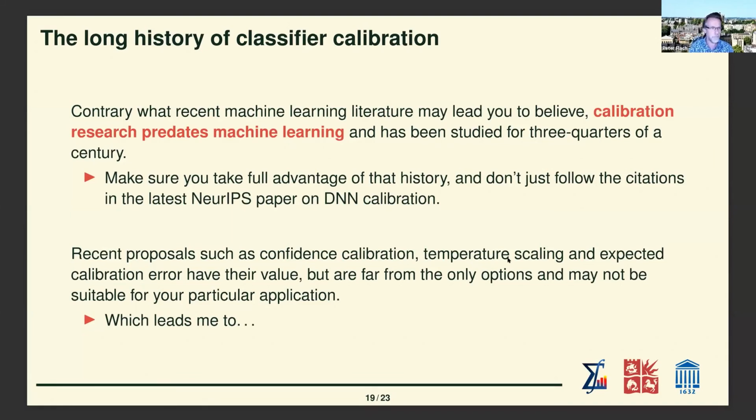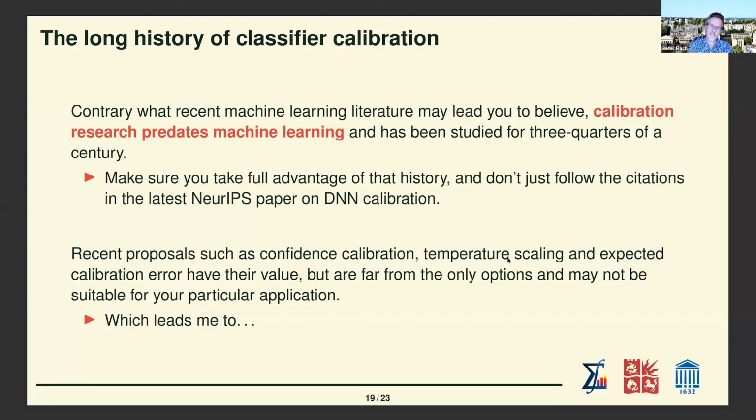There is a venerable literature on proper scoring rules and on forecasting calibration. As I said, it's at least 1950, so it's important that machine learners are not ignorant of this history. Maybe the NeurIPS paper that you're reading on calibration doesn't show that awareness of the history, but that means you just have to dig a little bit deeper to go back to the origins.